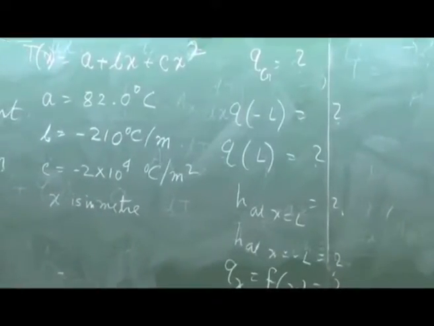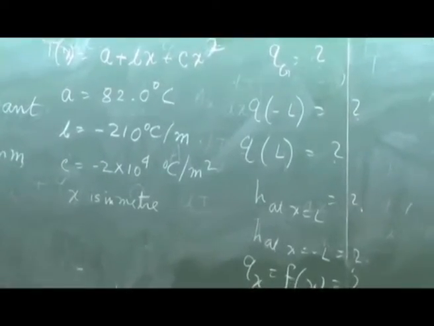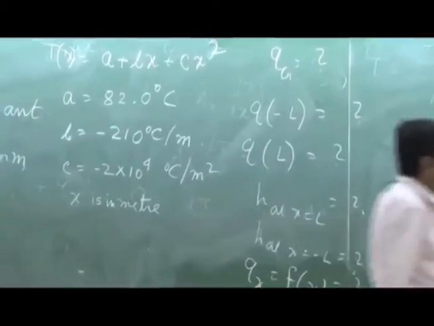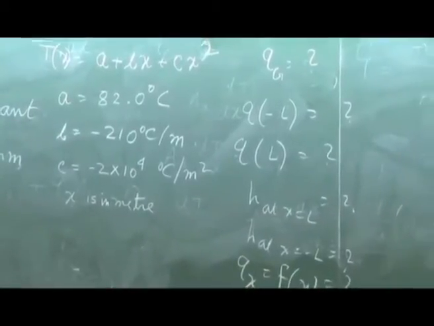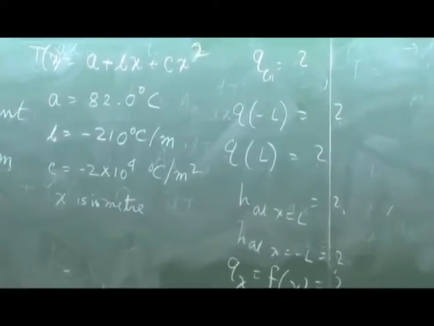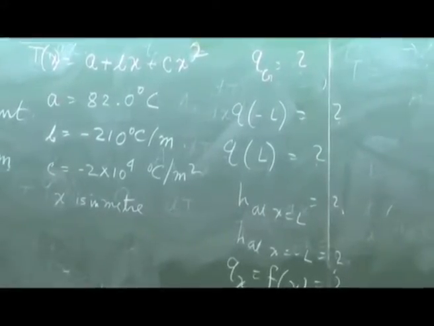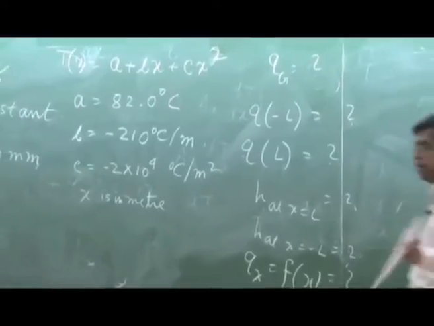Now you tell me, first we have to find out the Qg. What equation will we start with? This is a plane area, no variation. Thermal conductivity is also constant. They have not told the variation of thermal conductivity, so it is constant. So which equation will we start from?